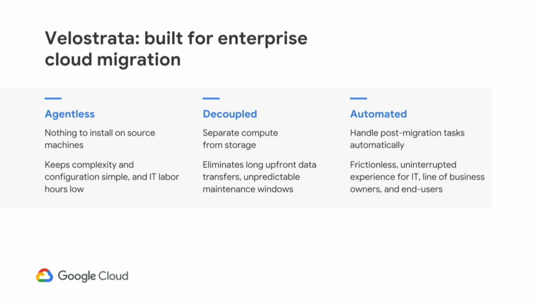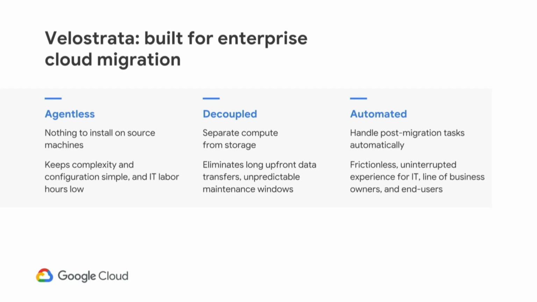The other unique thing that Velostrata does is decoupling storage and compute. This eliminates a lot of long upfront data transfers and unpredictable maintenance windows. It also means that you can migrate very large amounts of data in a transparent manner, and more quickly. The third part is automation.